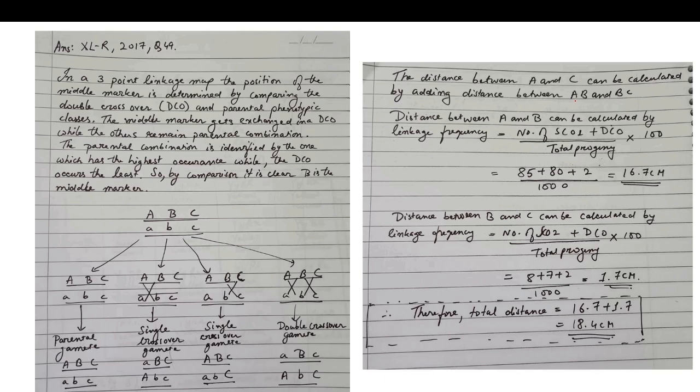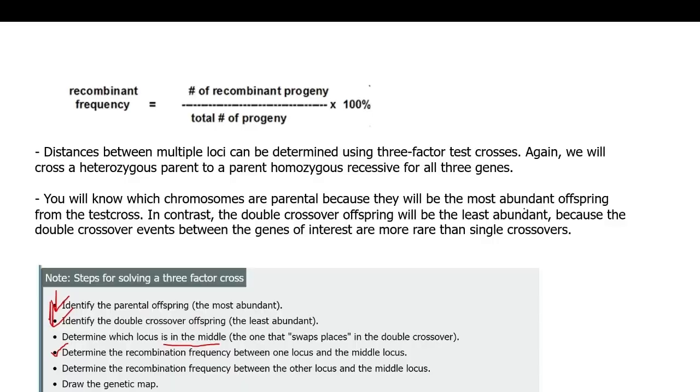We need to calculate the AB distance and the BC distance, and just add them to get the total distance between the A and C loci. First, the distance between A and B can be calculated by this formula. What is the formula? I have already given you the formula: the number of recombinant progeny divided by the total number of progeny, times 100%.